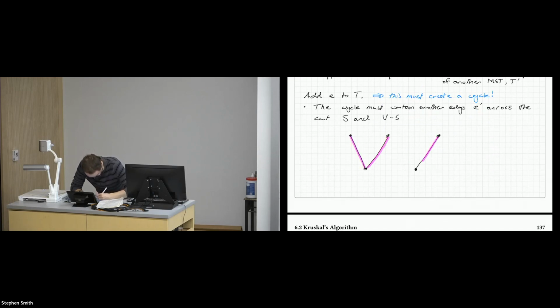And like we said, this part over here was S, this was V minus S. And let's say that the actual tree that it's part of had this edge here.